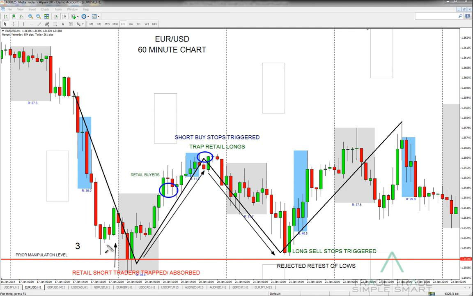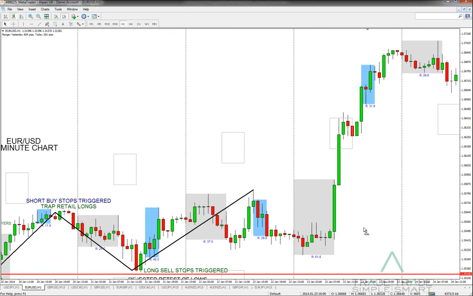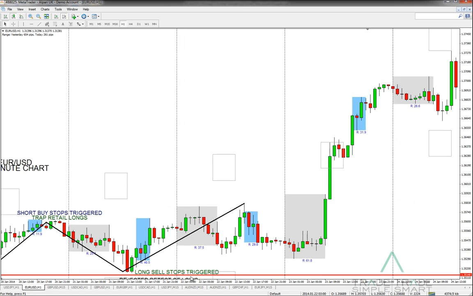So we've already seen an influx of sell orders coming at around this level, and as the rally to the upside begins, we see a new influx of sell orders in the form of stop losses coming to the market, and smart money see this build up of retail sell orders, and they move the market back down, and then they buy into this pressure, and then we see the unfolding of the uptrend.